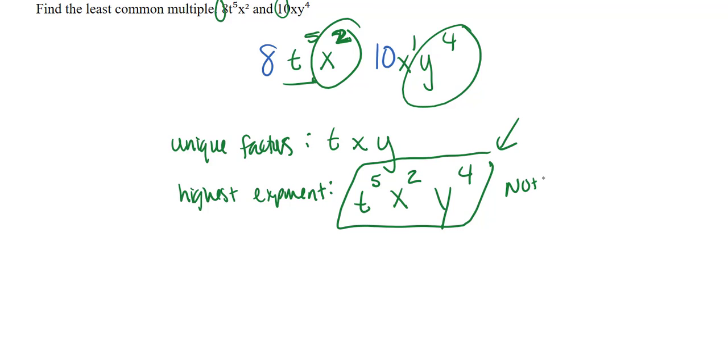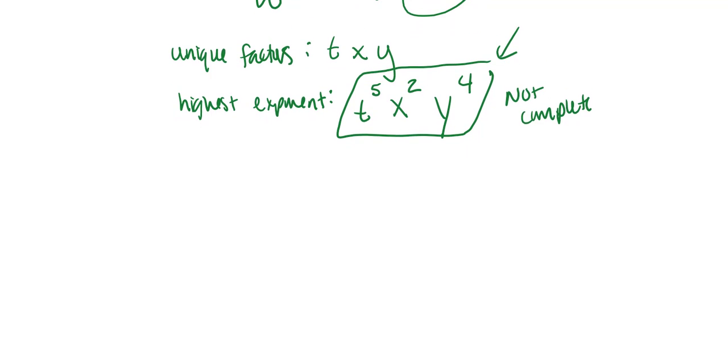But it's not a complete answer because we still have to deal with the numbers. So let's deal with those numbers, 8 and 10. We're going to find the least common multiple between those two numbers. If you look, you can go 8, 16, 24, 32, and 40.